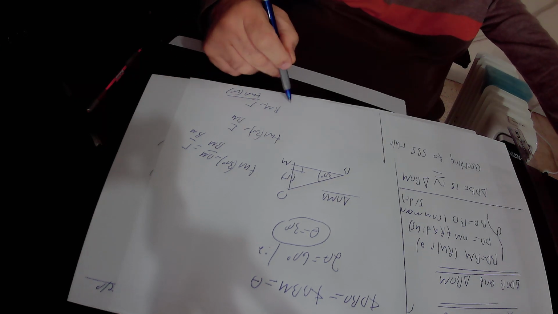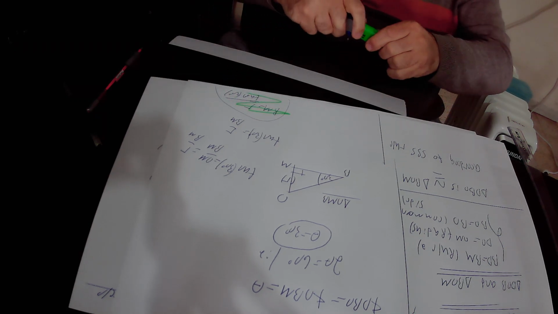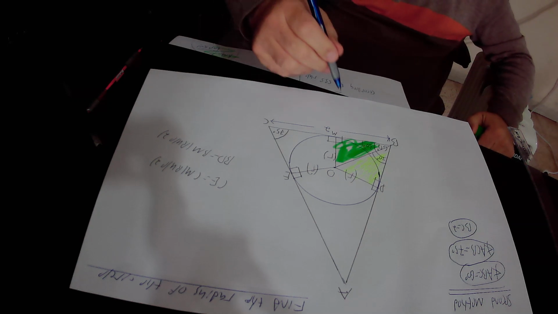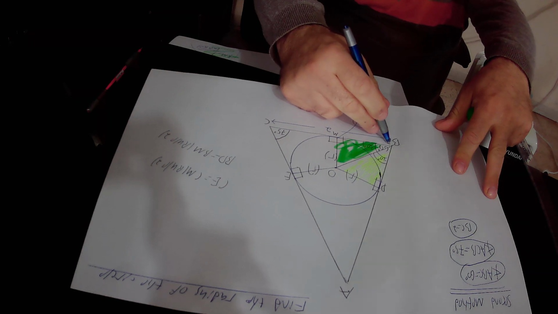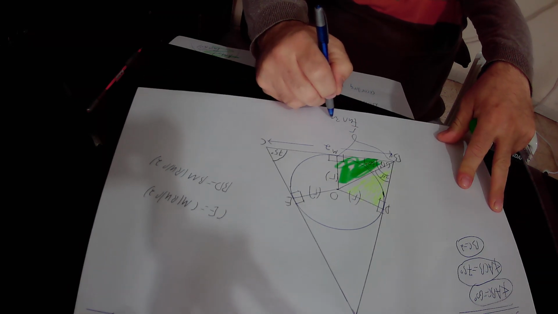So I found out that this side BM equals R over tangent 30 degrees.